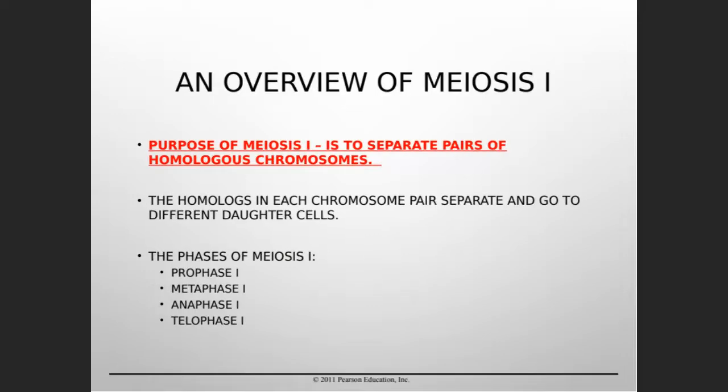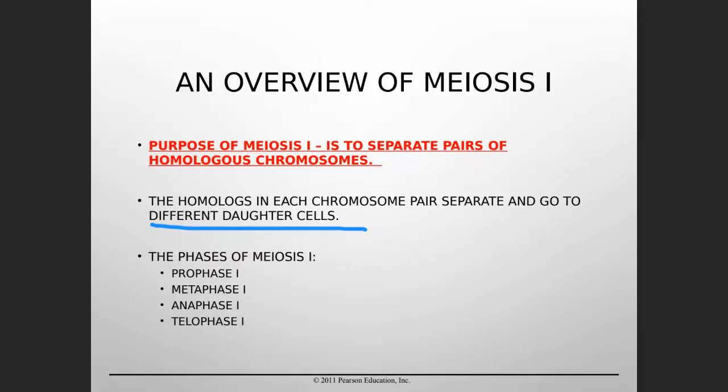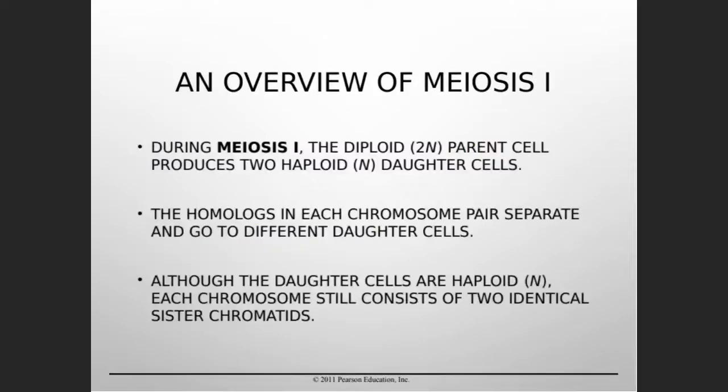So the purpose of meiosis 1 is to separate the pairs of homologous chromosomes. So the homologs in each chromosome pair are separated and go into different daughter cells. You've got prophase 1, metaphase 1, anaphase 1, and then telophase 1. This is all part of meiosis 1. So during meiosis 1, like I said, the diploid parent cells produce 2 haploid daughter cells. You reduced the ploidy number.